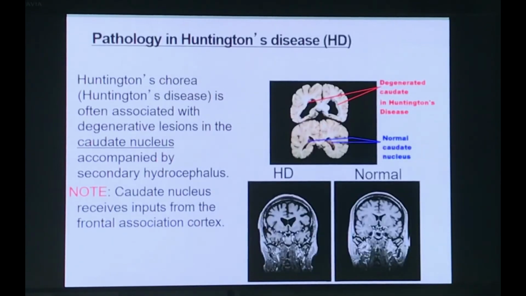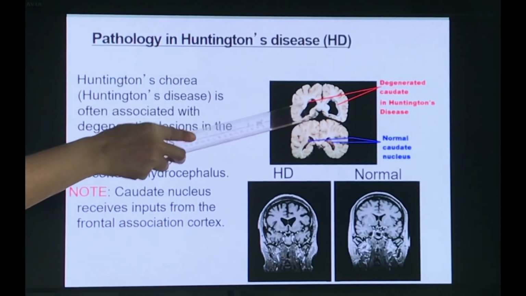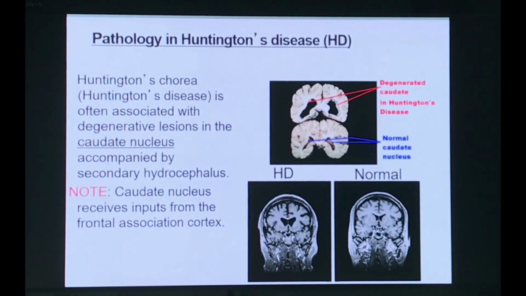The chorea is called Huntington's chorea, and the disease is called Huntington's disease. It is often associated with degenerative lesions in the caudate nucleus. The caudate nucleus is one of the neostriatum which receives the input. Here there is degeneration, and this will be accompanied by secondary hydrocephalus, that is, due to the degeneration there will be enlargement of the lateral ventricle.